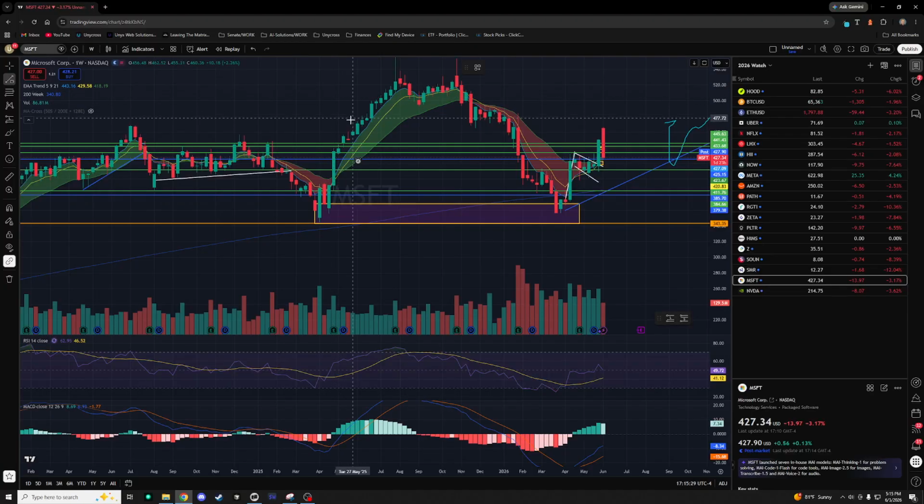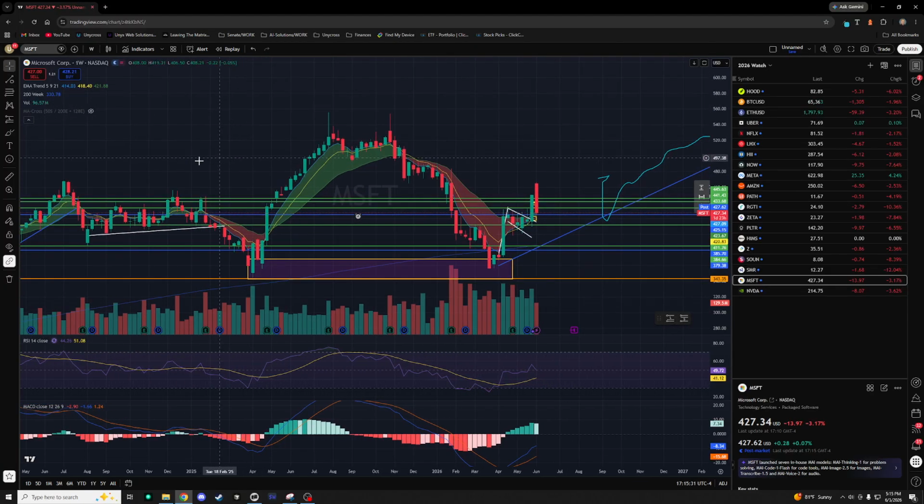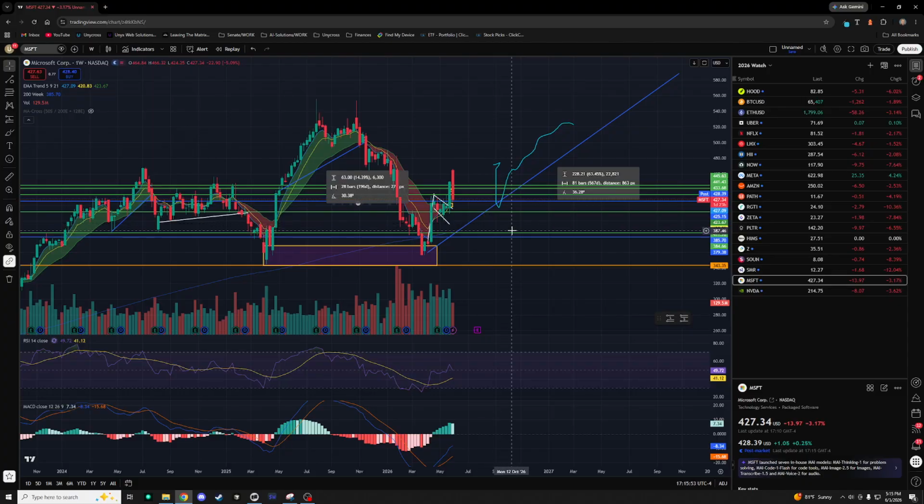So if you bought this candle, which ripped, again, you can't use it in a vacuum. But if you simply wanted to go off this indicator, and you bought here when it turned green and sold when it turned red, you got 15% in like half a year. That's pretty good.